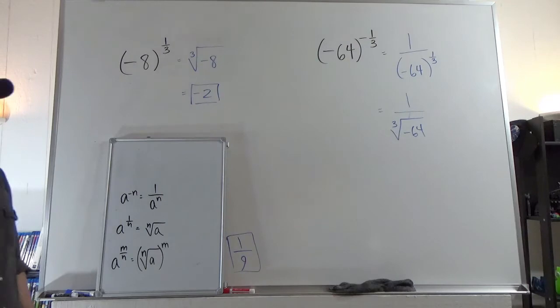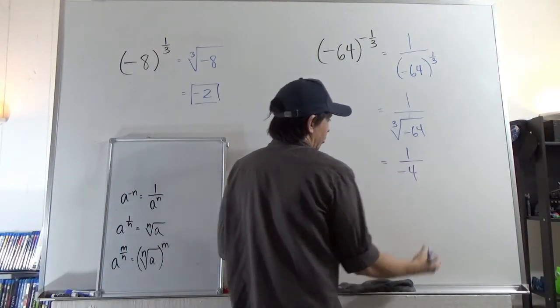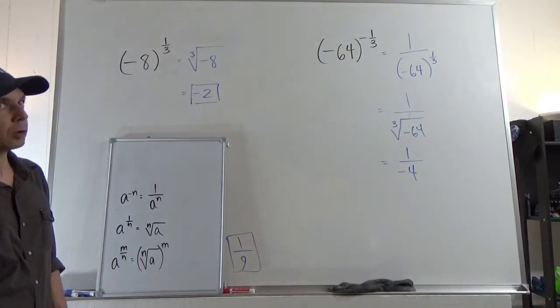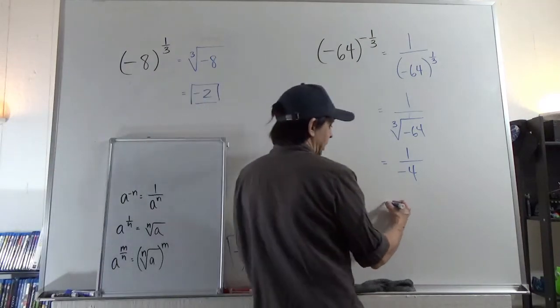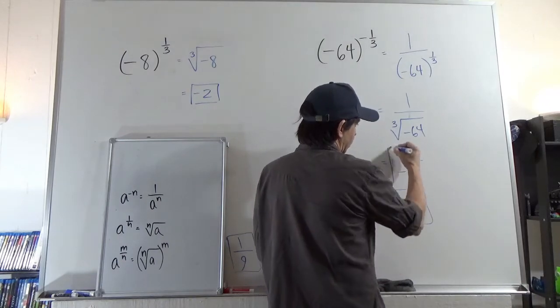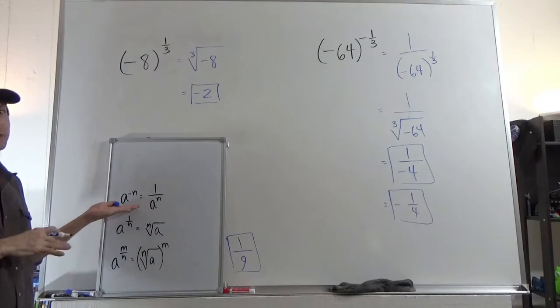Cube root of negative 64 is legal, because it's an odd root of a negative, which is a thing. You can have odd roots of negative numbers. It's negative 4. You can leave it like that, or you can pull a negative out front of the fraction, it doesn't matter. But notice how careful I was about what's changing signs and doing it step by step and taking care of the negative first.